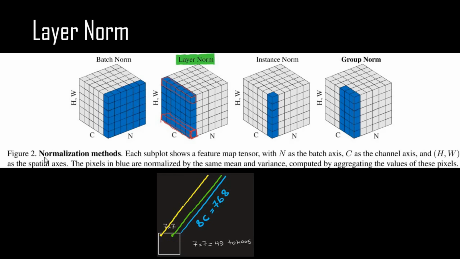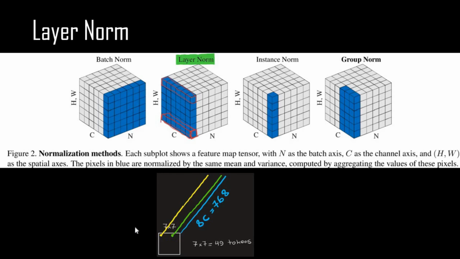In the paper, in the group norm where they compare different normalization methods, they have an image here that shows the layer norm, but we explained that this layer norm is actually different from what we do. We actually normalize each individual token, shown here in this red rectangle, with respect to itself. So we are not normalizing all the blues with respect to each other. We just consider this one independently, or for example, this one. And the reason is that each one of them is one token.